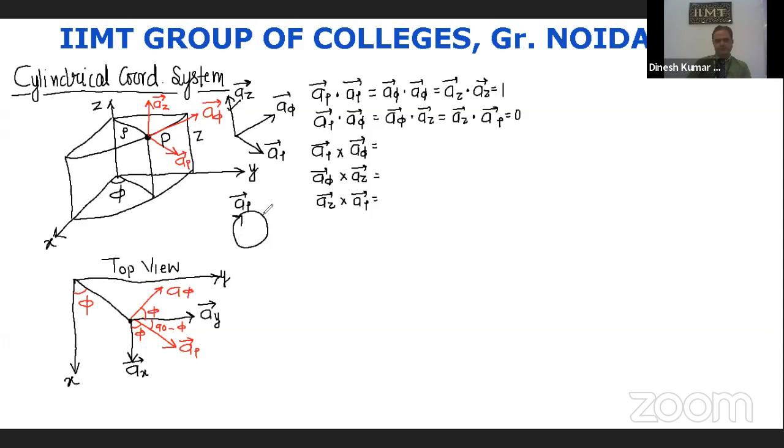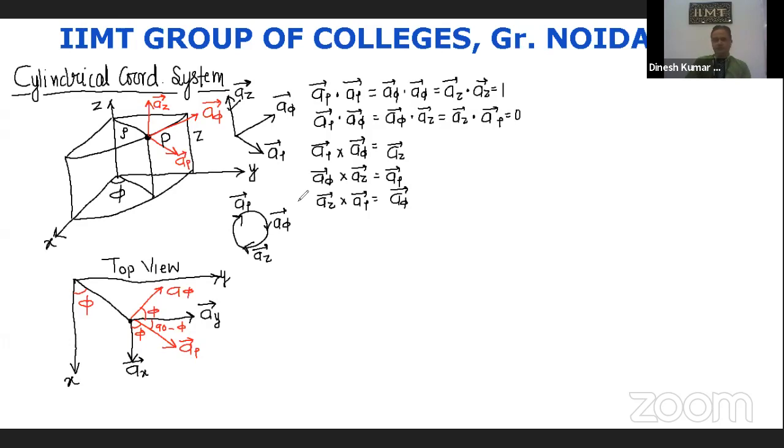If this is a rho, this is a phi, and this is az, then if we move clockwise, the cross product of a rho and a phi will be az, the cross product of a phi and az will be a rho, and the cross product of az and a rho will be a phi.